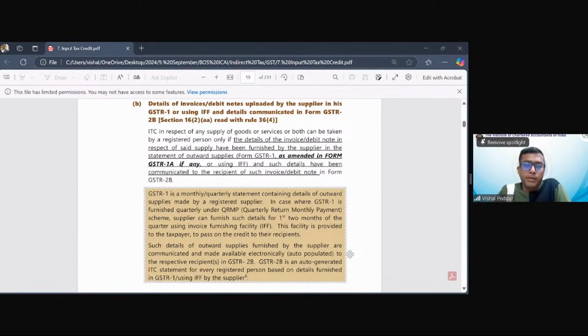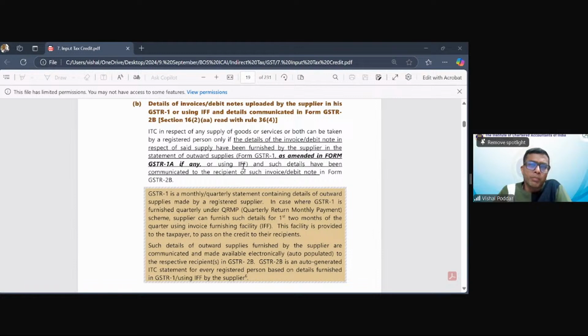Yes, sir. Perfect. Now, what it says: ITC in respect of any supply of goods, service, or both can be taken by the person only if the details of this invoice or debit note in respect of the supply have been furnished by the supplier in their statement of outward supplies, which are GSTR 1, or amended 1A, or the IFF.